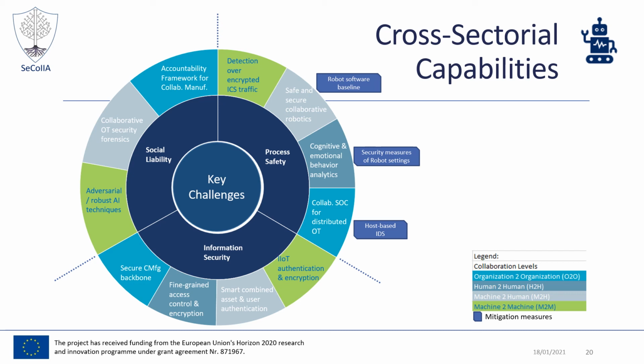Then the cognitive and emotional behavior analytics. For that, we have some security measures in the robot settings, so users and passwords, encryption of the configuration files, and so on, so that the changes that can happen are not very easily done.